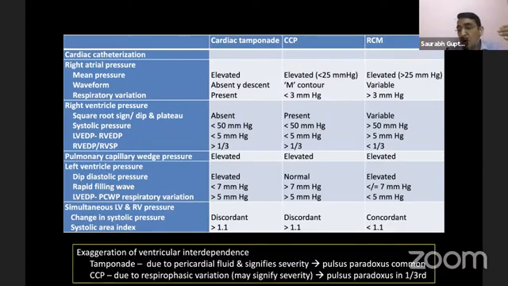Therefore, only 1/3 of patients with CCP will have pulsus paradoxus, and maybe the presence of pulsus paradoxus in pericardial constriction is a marker of severity of pericardial constriction.